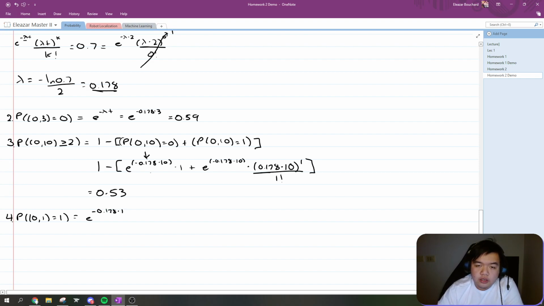Using the formula again, that'll give us e to the negative 0.178 times 1, multiplied by 0.178, that's lambda, to the first power, times 1, over 1 factorial, which is 1 again, and that will give us this time 0.15.